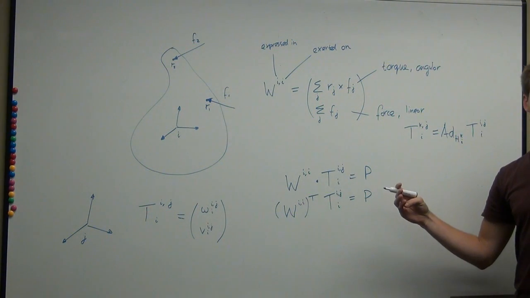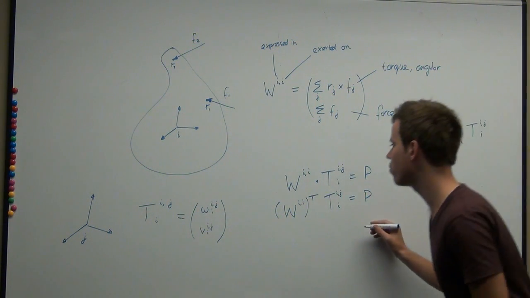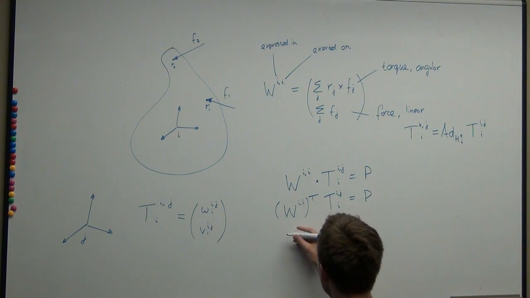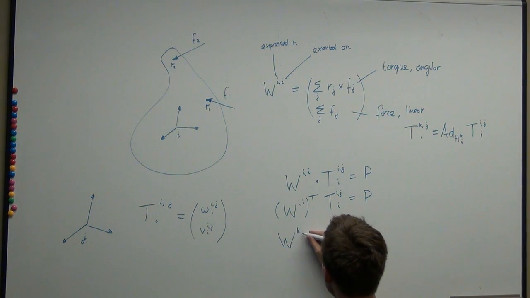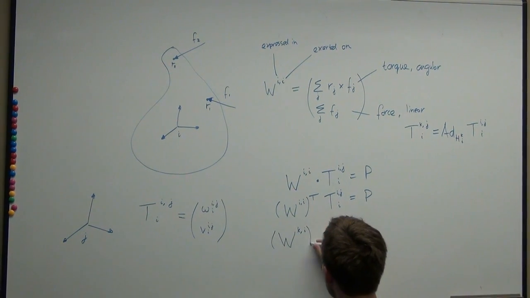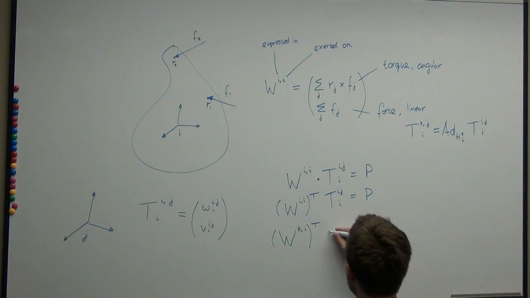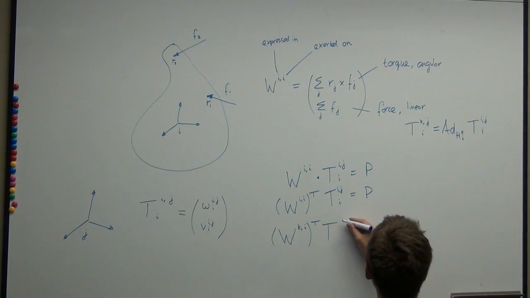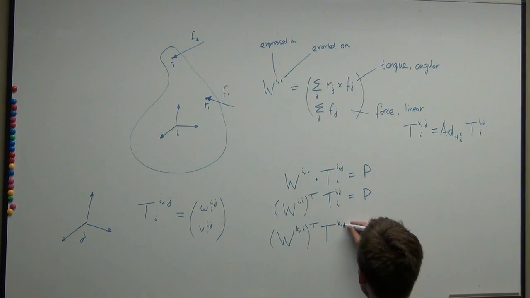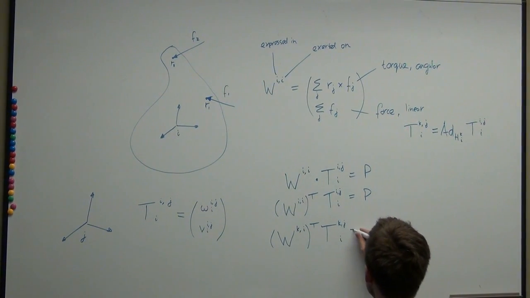It should always be the same number. So we have, as a second equation, W_K,I transpose T_K,J,I equals P.